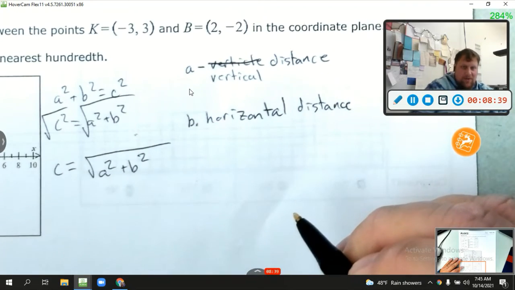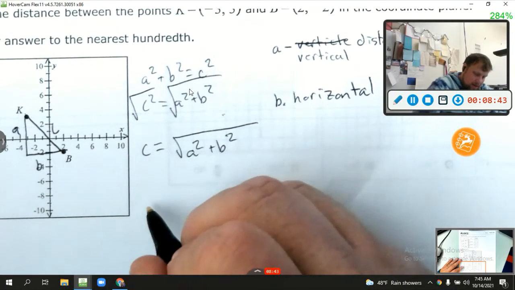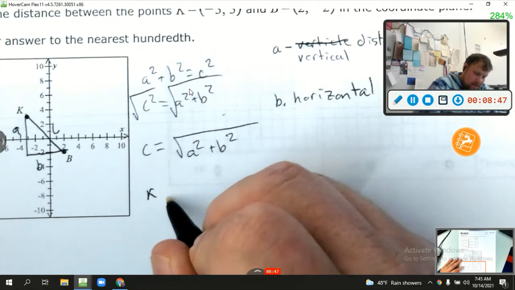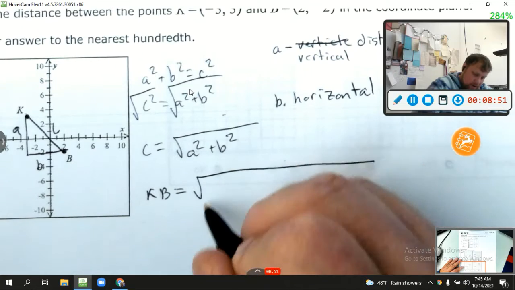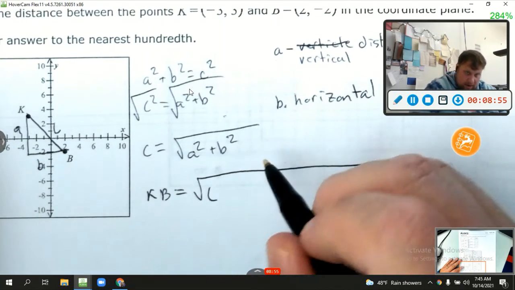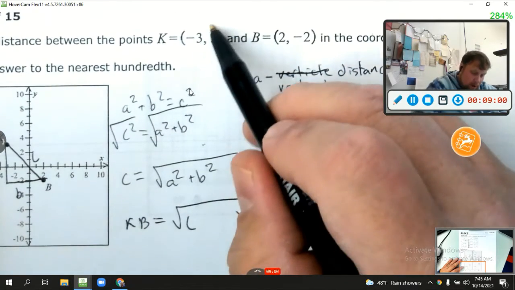So we have to do two different distance formulas. The distance of KB is going to equal the square root. Let's look at my vertical distance, which is the distance between my y points.